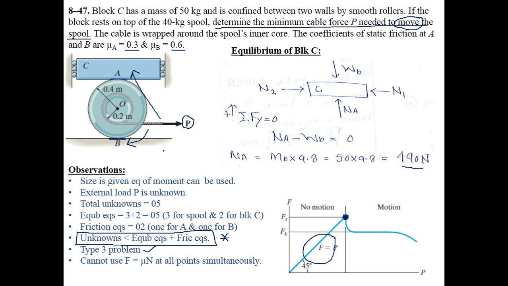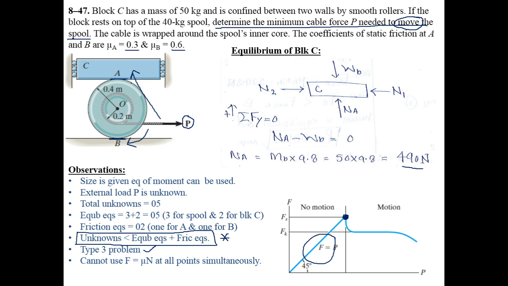If we had assumed that point B is in equilibrium and point A is slipping, there would have been no need of solving the problem again, because the assumption comes out to be correct, justified.